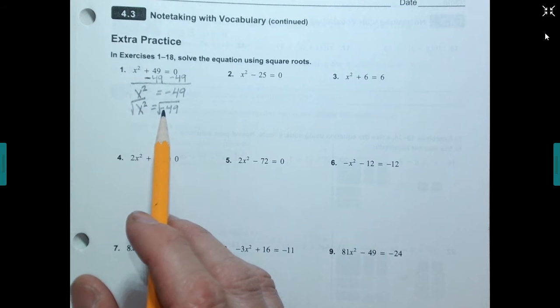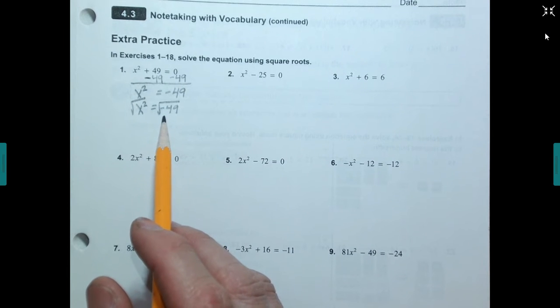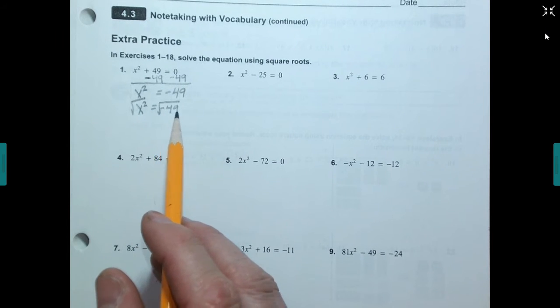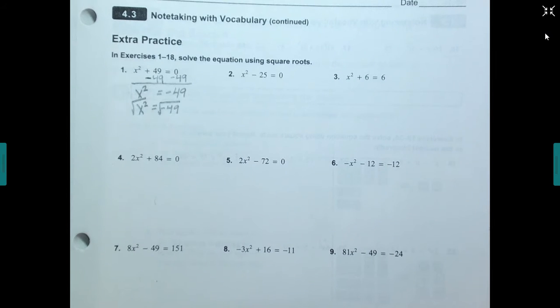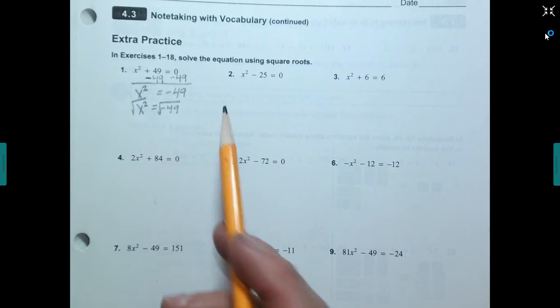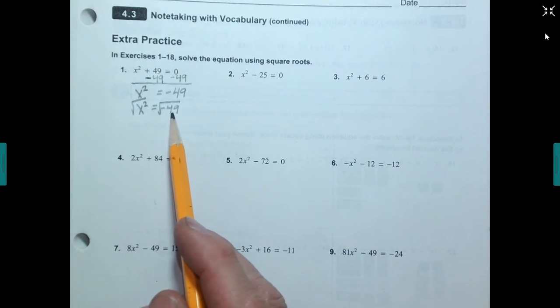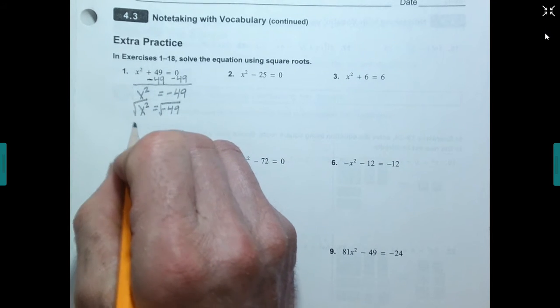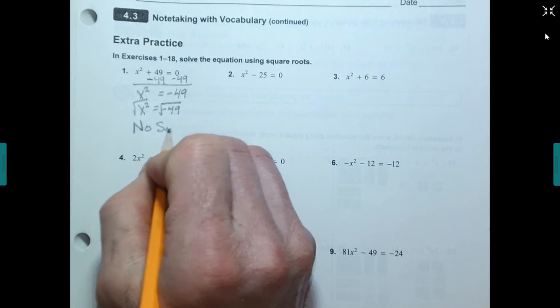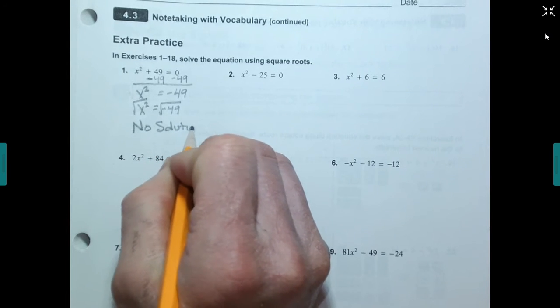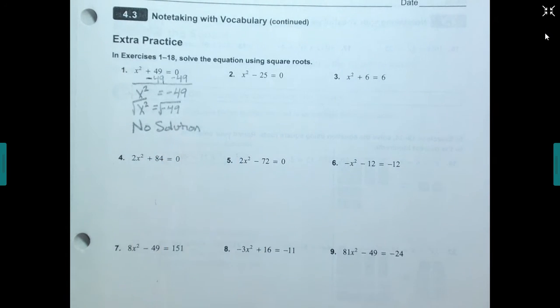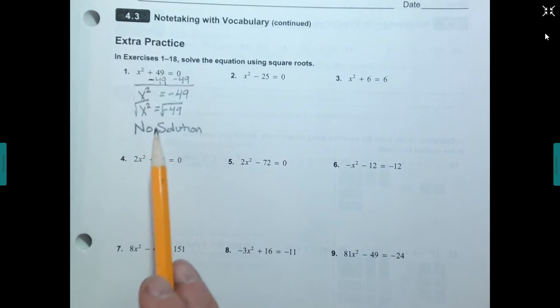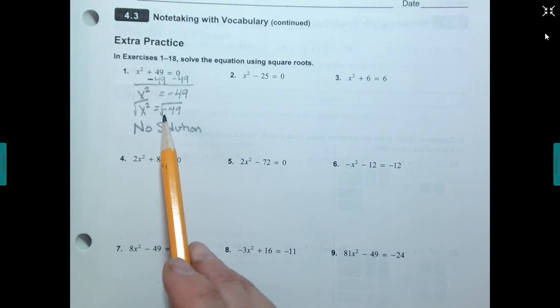There is no number that exists multiplied by itself that equals negative 49. Not a single one. 7 times 7 is positive 49. Negative 7 times negative 7 is positive 49. So this has no solution. It actually has no real solution. We'll get into imaginary numbers at some point, but you cannot have the square root of a negative.